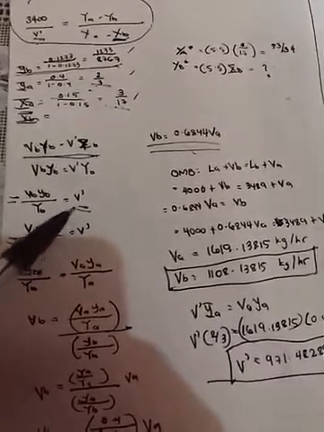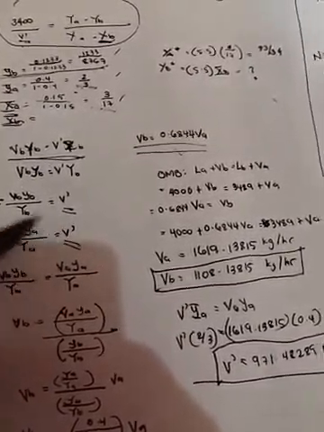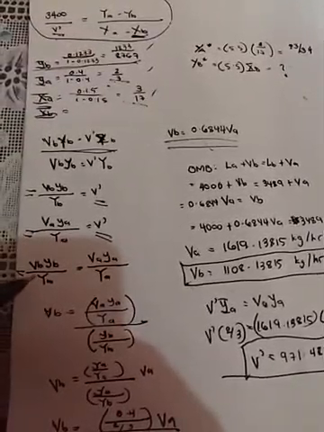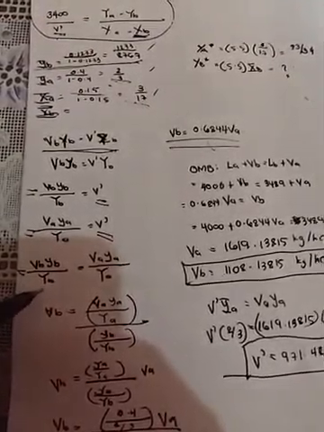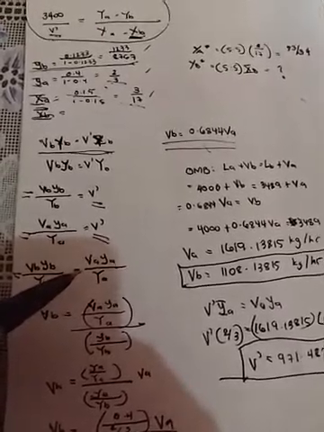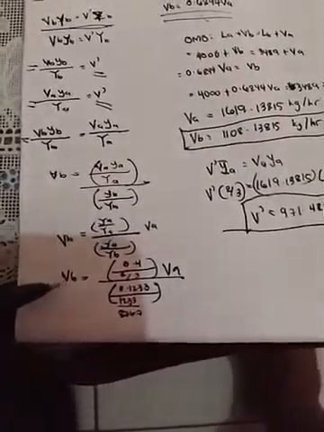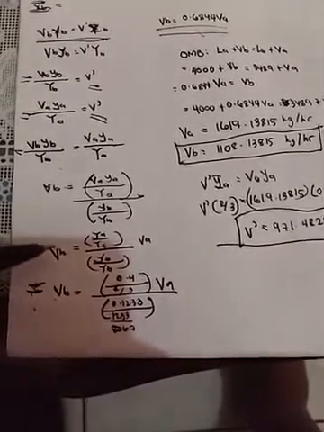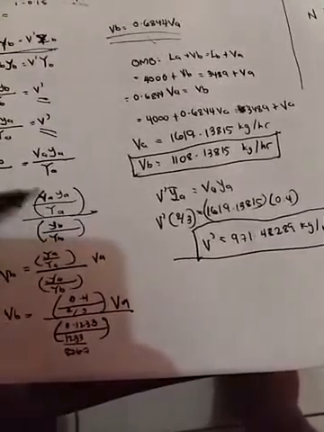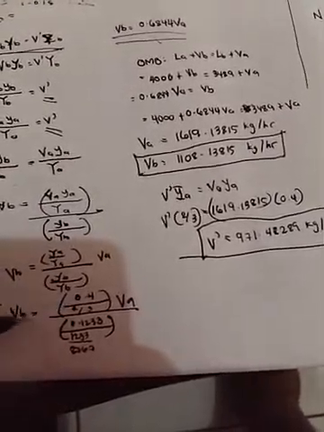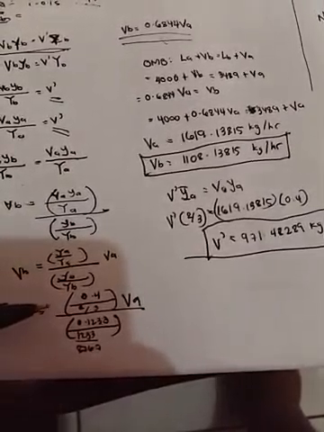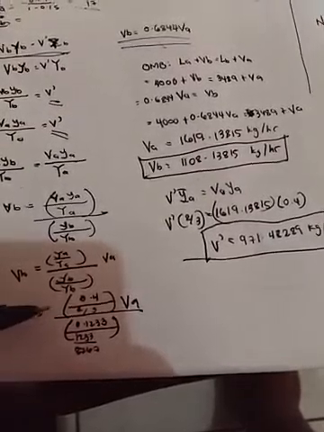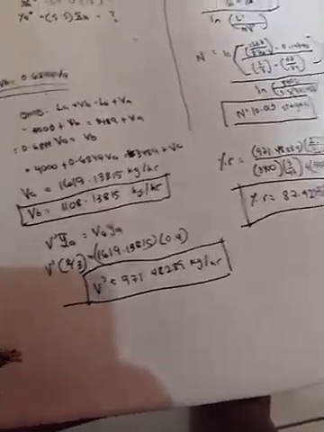We equated V prime. By substituting everything, VB is equal to 0.4 over 2/3, over 0.1233 over 1233 over 8767, times VA.